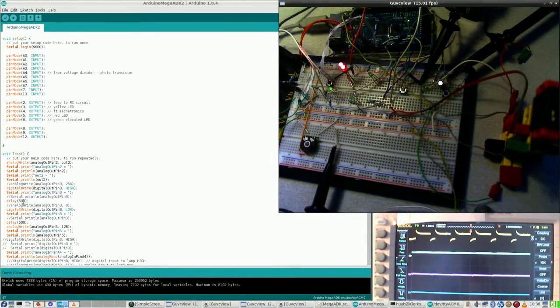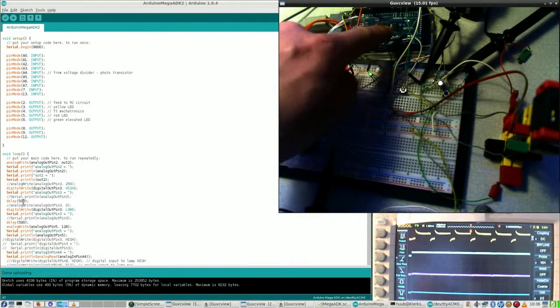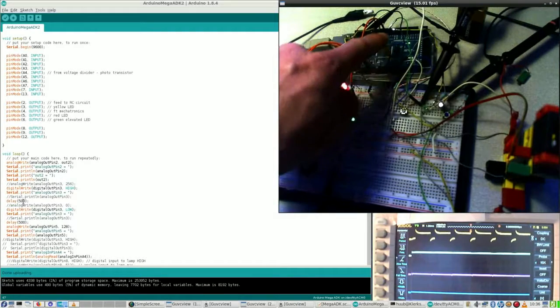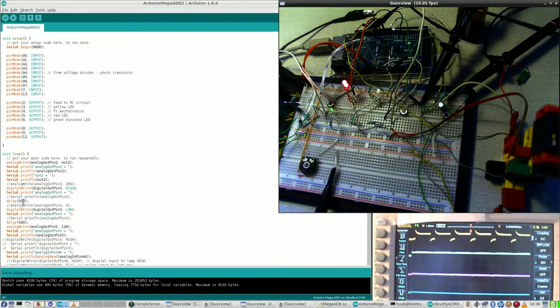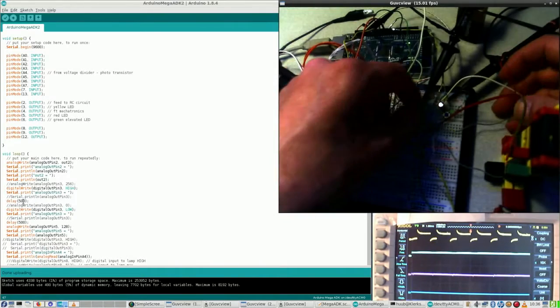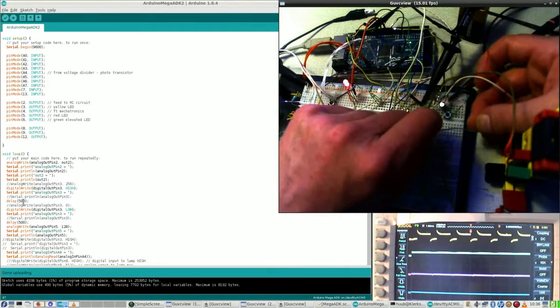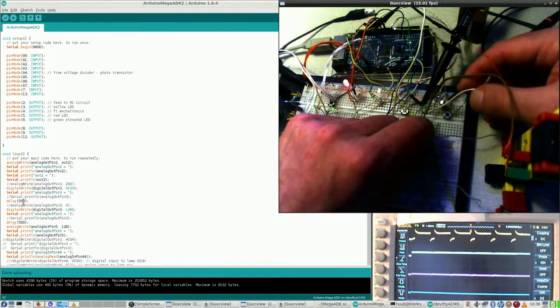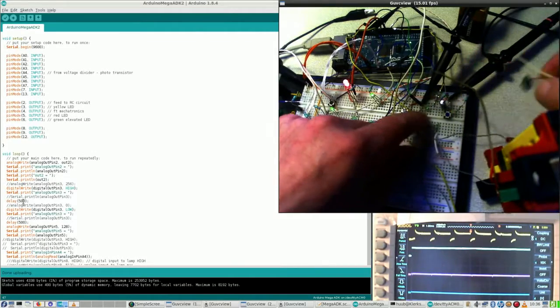So there is something wrong then with probably the port or the wiring. Could be as well. Let's just see how I can for now change the wiring. Take this away.